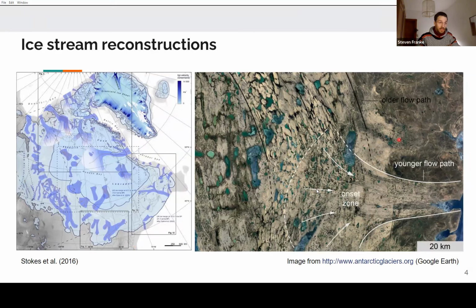On the right, we have satellite images where we can clearly see the traces that ice flow leaves behind. We can even separate two stages of ice stream activity. At some point, an ice stream was flowing in this direction, and then at a later stage, the whole system reconfigured and an ice stream was flowing here to the right.